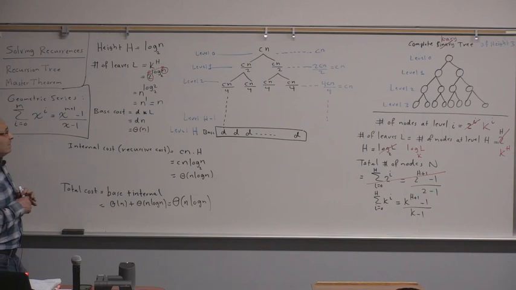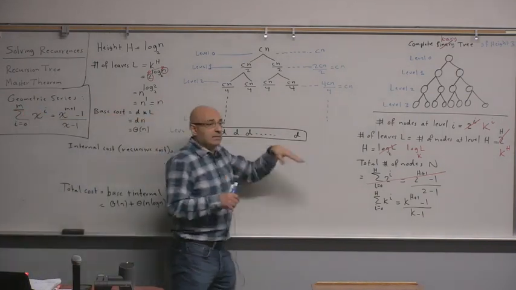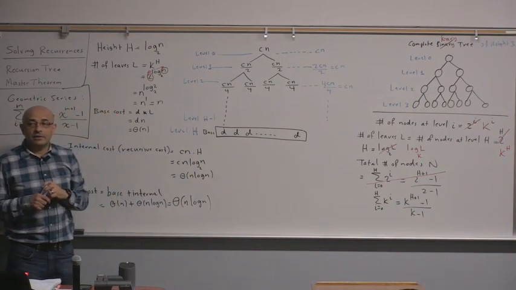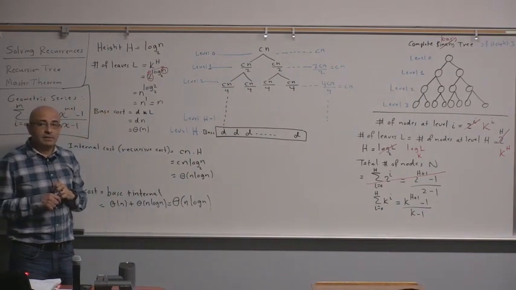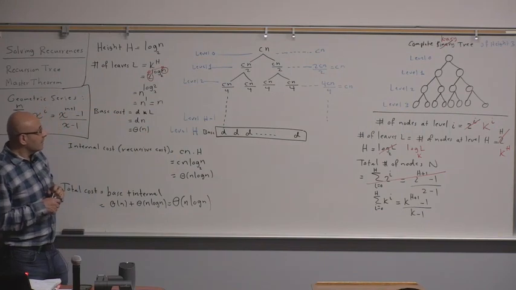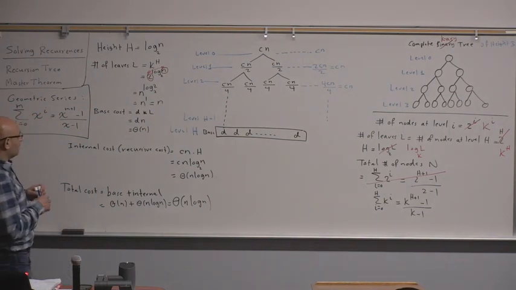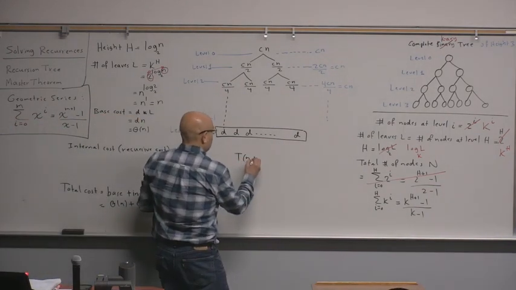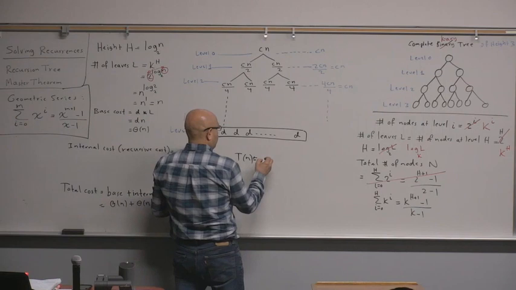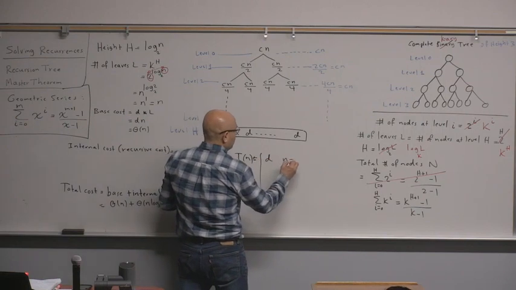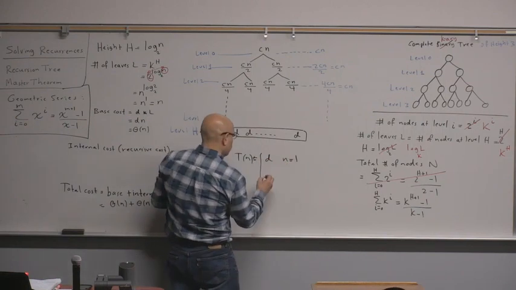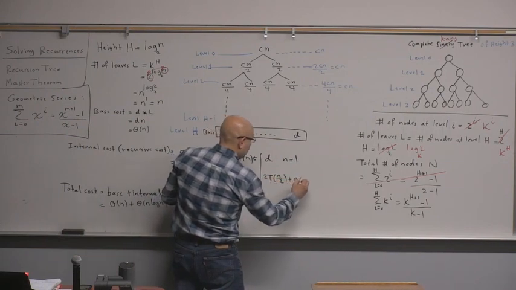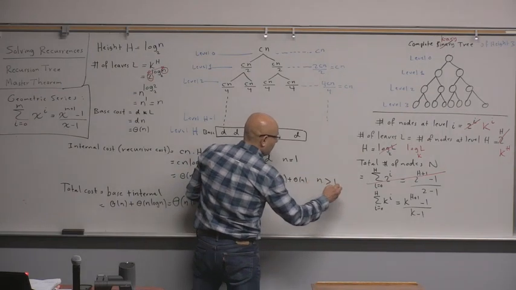Now, why are we treating the internal cost and the base cost differently? Why are they being treated differently here? Because each one of them is subject to a different formula. Remember, it's T of n equals D if n equals 1, and it's equal to 2T of n over 2 plus theta of n if n is greater than 1.